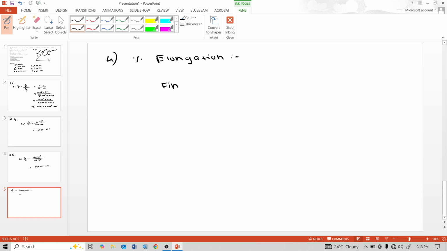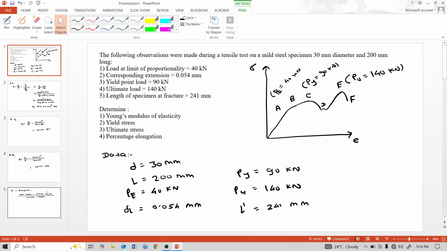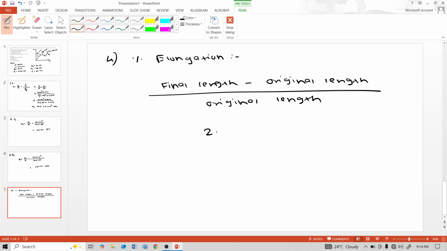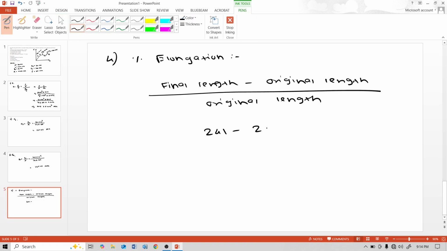So 241 mm minus 200 mm upon the original length 200 mm, and since elongation is in percentage, multiply it by 100.